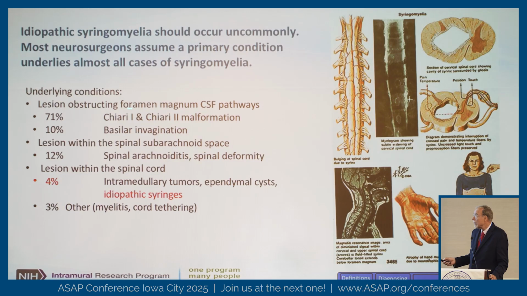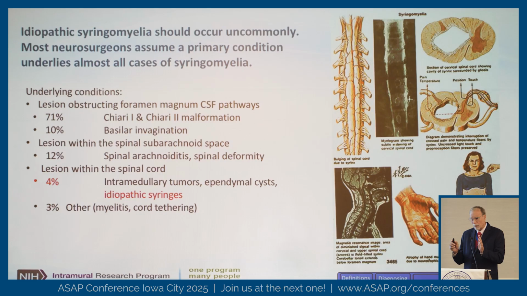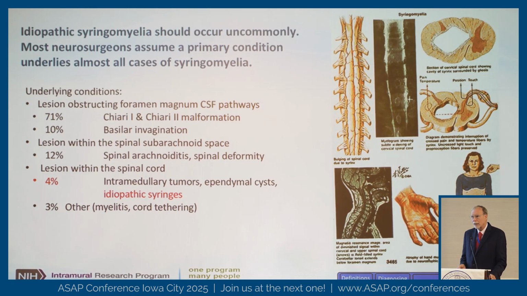They think that most of the problems are from Chiari or basilar invagination, or from arachnoiditis or spinal deformity, and they would say that only about 4% are idiopathic syrinxes. So the difference between 31% and 4% is the people who have the dilated central canals. As you see, in the medical community, we're not speaking the same language, the radiologists and the neurosurgeons.